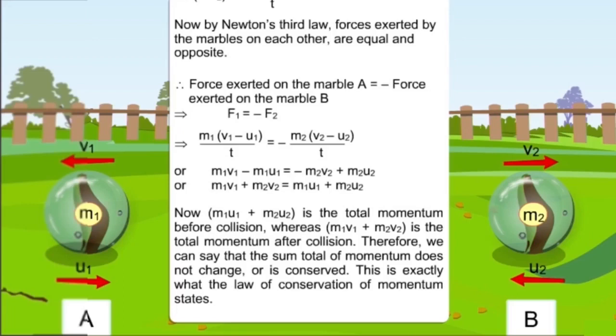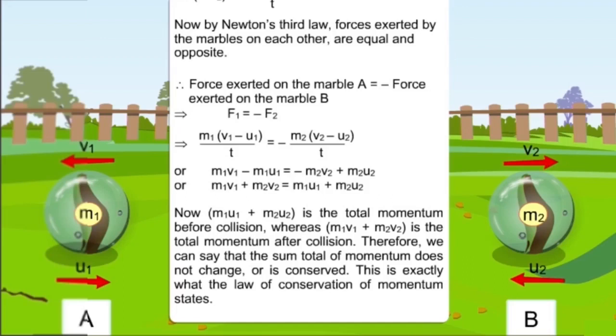Now, m1 u1 plus m2 u2 is the total momentum before collision of the balls, whereas m1 v1 plus m2 v2 is the total momentum after collision of the balls. Therefore, we can say that the sum total of momentum does not change or is conserved. This is exactly what the law of conservation of momentum states.